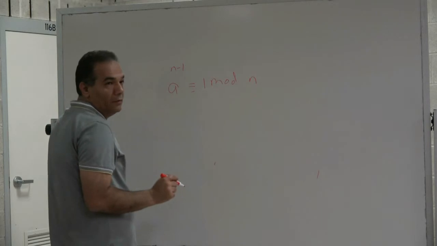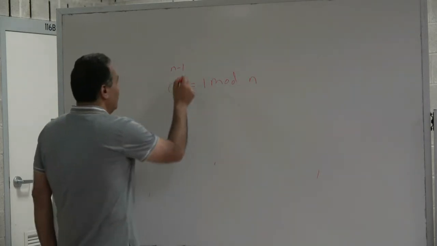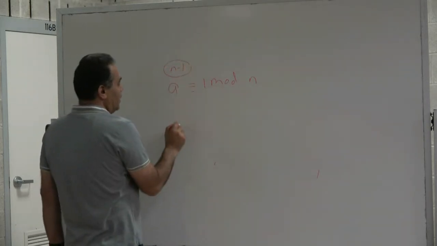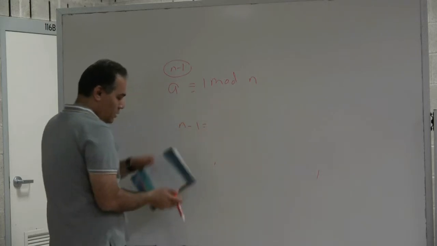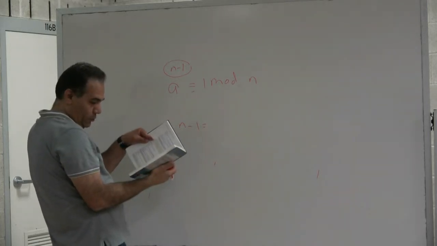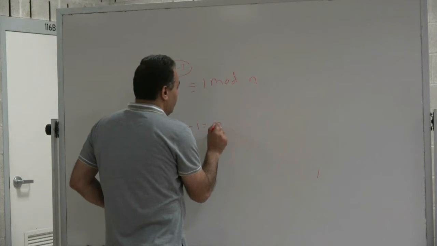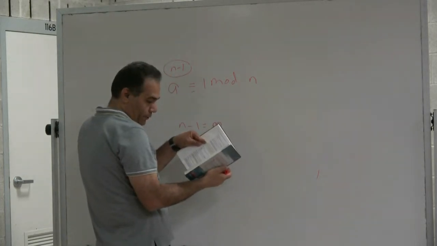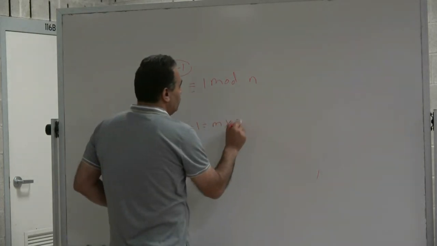So we'd like to replace the n minus 1 with something that equals m times 2 to the power k.